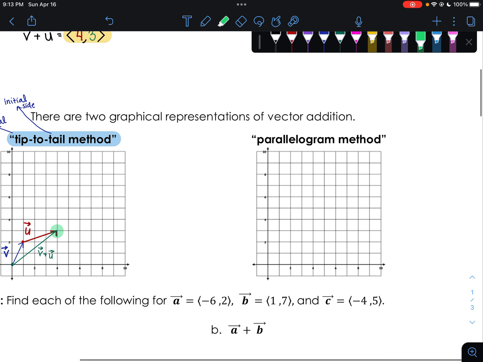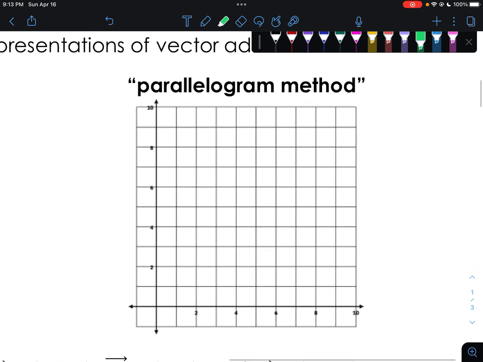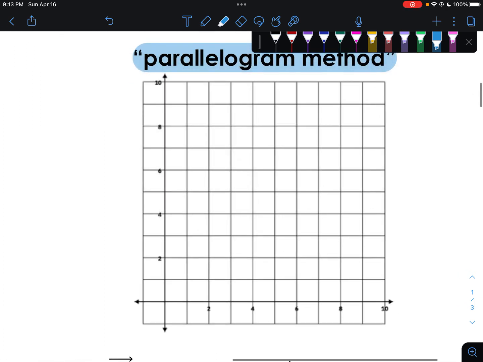The second method we have is the parallelogram method. The parallelogram method shows you that you can add in either direction and you get the same thing. This time we should be making a parallelogram. So what happens is that we're going to start by graphing vector v from the origin.